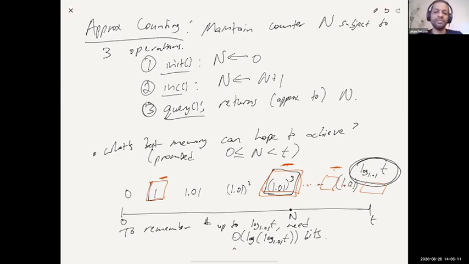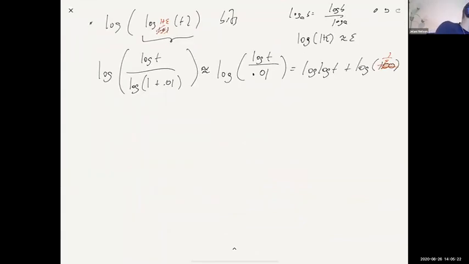So they need different memory configurations so that I can tell them apart, which means that my memory has to be at least something like log of, I need memory to be at least log base 1 plus epsilon of t over 3, because I skipped every third one.